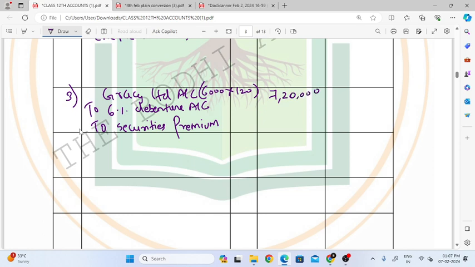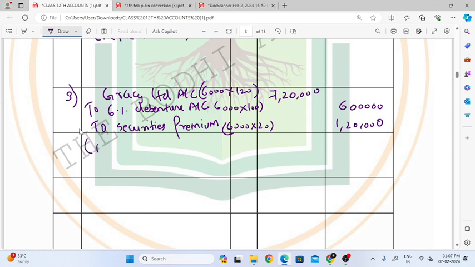Then 6% debenture 6,000 multiplied by 100, which is the face value, then 6 lakh. Securities premium is 6,000 multiplied by 20, which will give us 1 lakh 20,000.